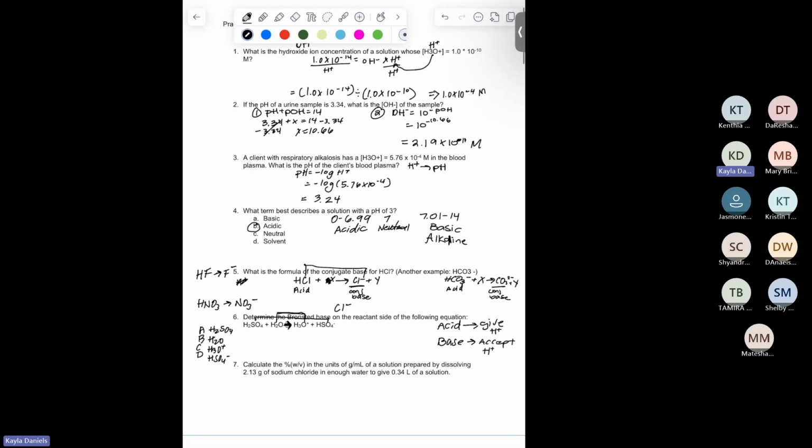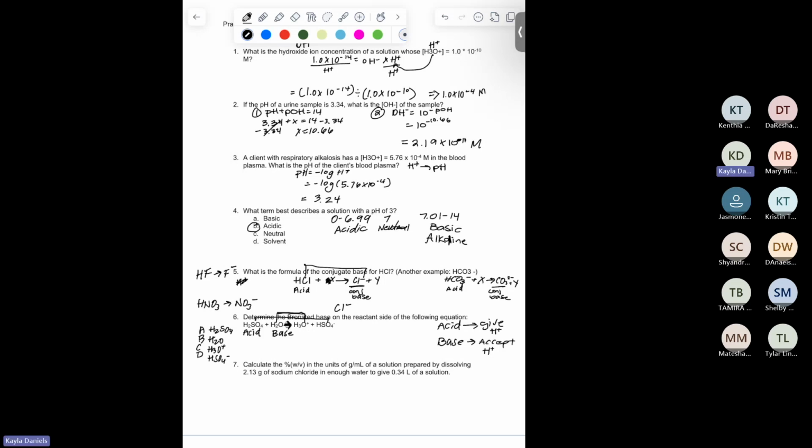All right, so H2SO4 became HSO4 minus. So it lost a hydrogen. It gave up a hydrogen, so it's acting as an acid. H2O gained a hydrogen, or accepted a hydrogen, so it's acting as a base.